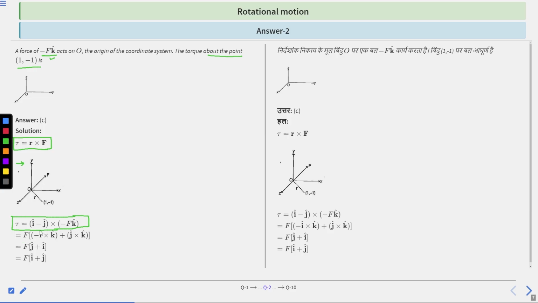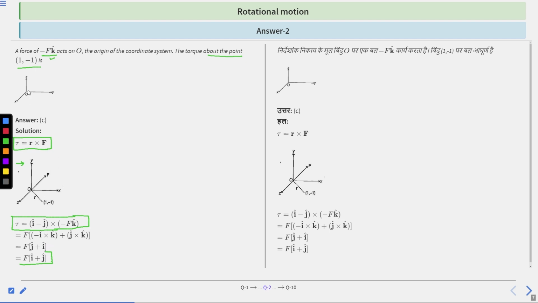F is common. So minus i cap cross k cap plus j cap cross k cap gives F j cap plus i cap. So tau is equal to F (i cap plus j cap). This is the correct answer. Here i cap and j cap denote the direction of the axis.